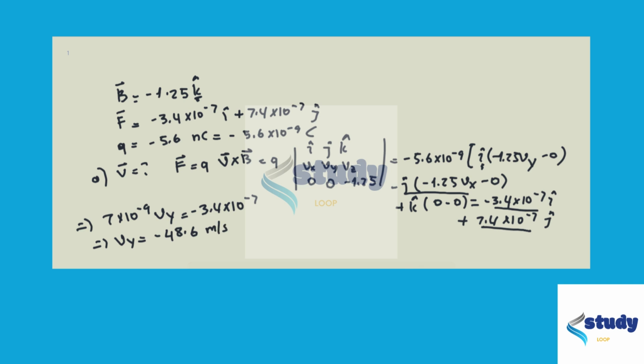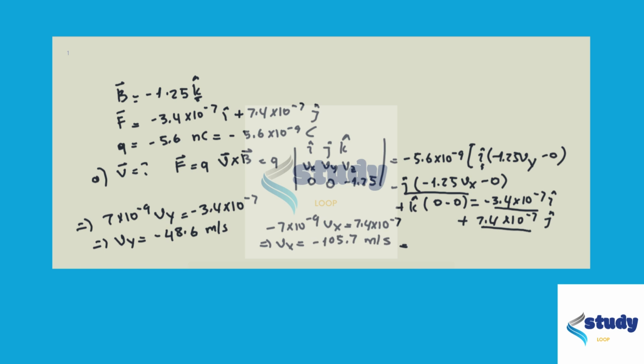So when we do the same for the j hat component, we get negative 7 times 10 to the power of negative 9 times V sub X equals 7.4 times 10 to the power of negative 7. From here, V sub X is going to be equal to negative 105.7 meters per second.